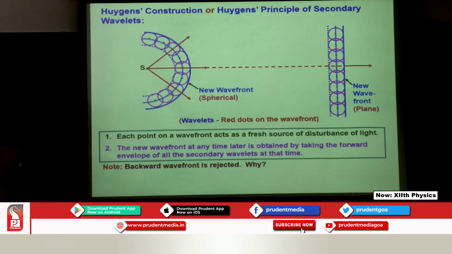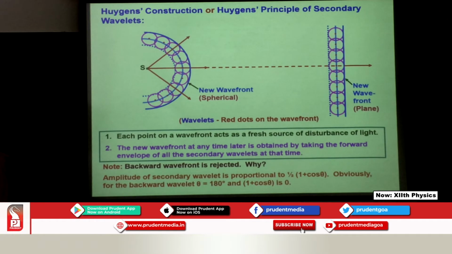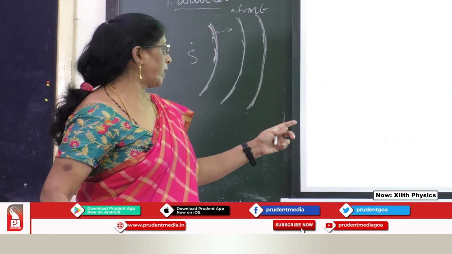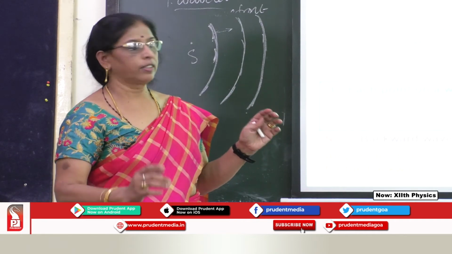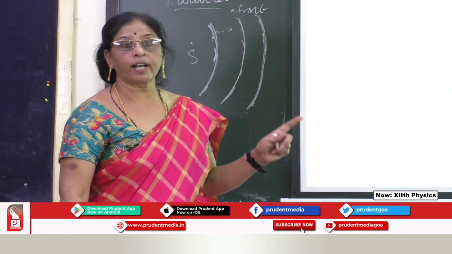Why? Because we have a particular equation, where the intensity is proportional to half of 1 plus cos theta. When you consider the backward direction, the angle is 180, so cos 180 is -1.